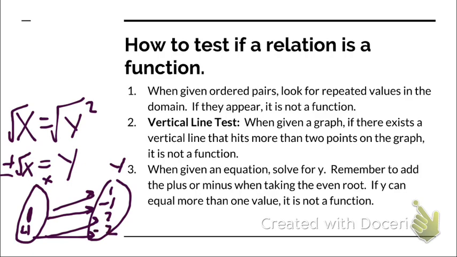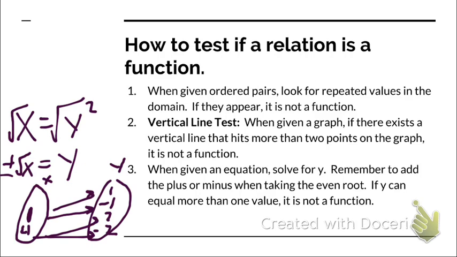So pretty much, if you think of it in terms of x, if you had a quadratic, for example, y is equal to x squared, you know that there's two values for x for every y value.